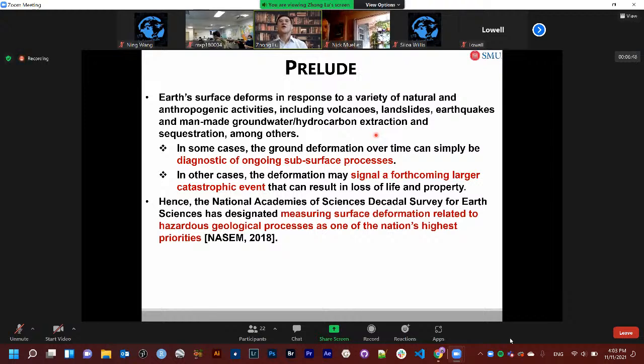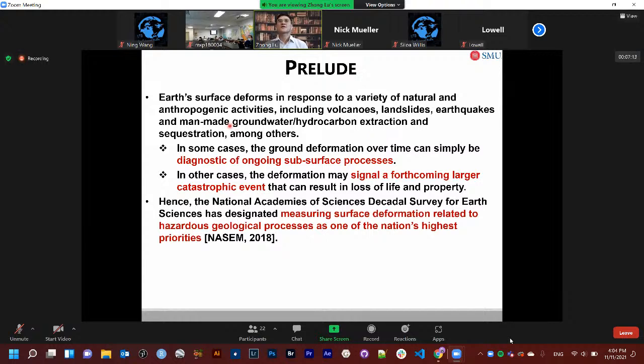Before my talk, I want to highlight the importance of measuring the Earth's surface deformation, and particularly measuring deformation in a cost-effective method at any time, anywhere in the world. So let's start.